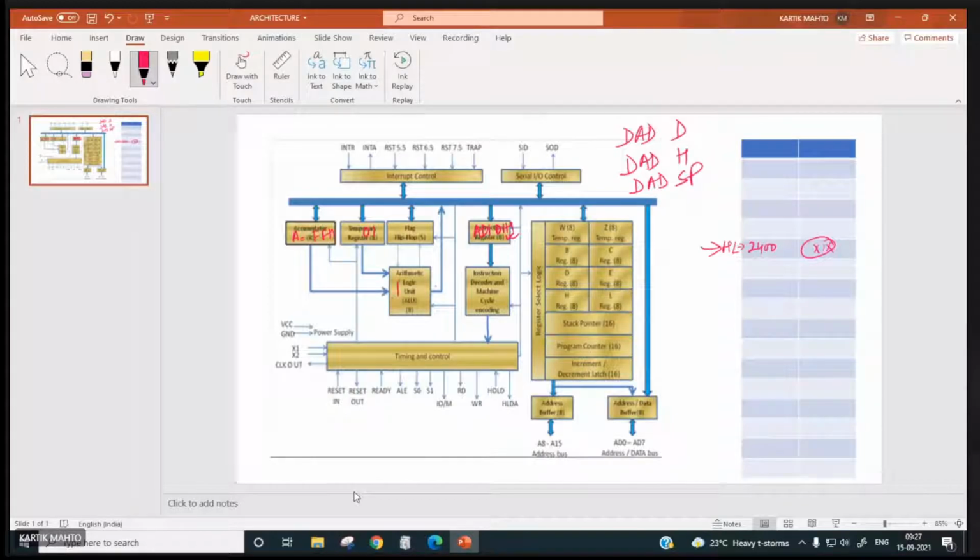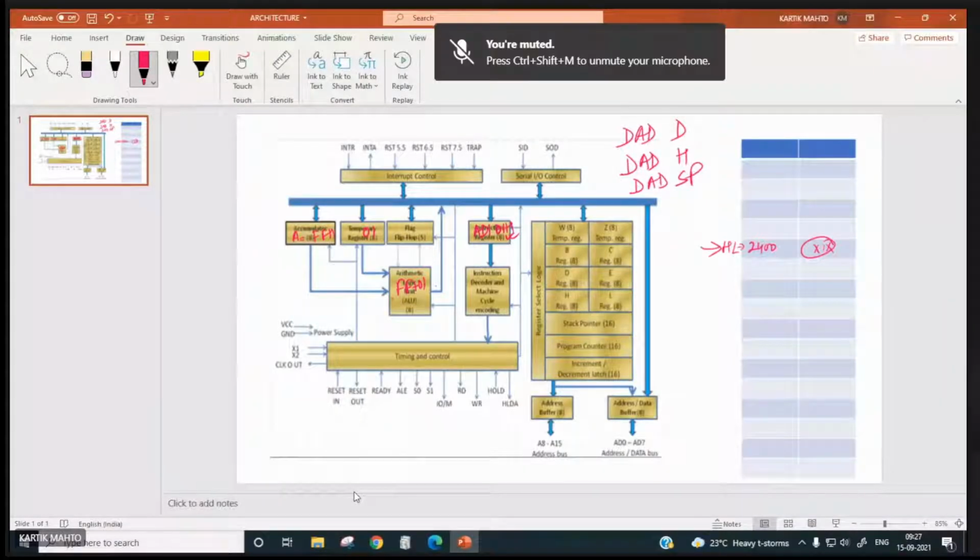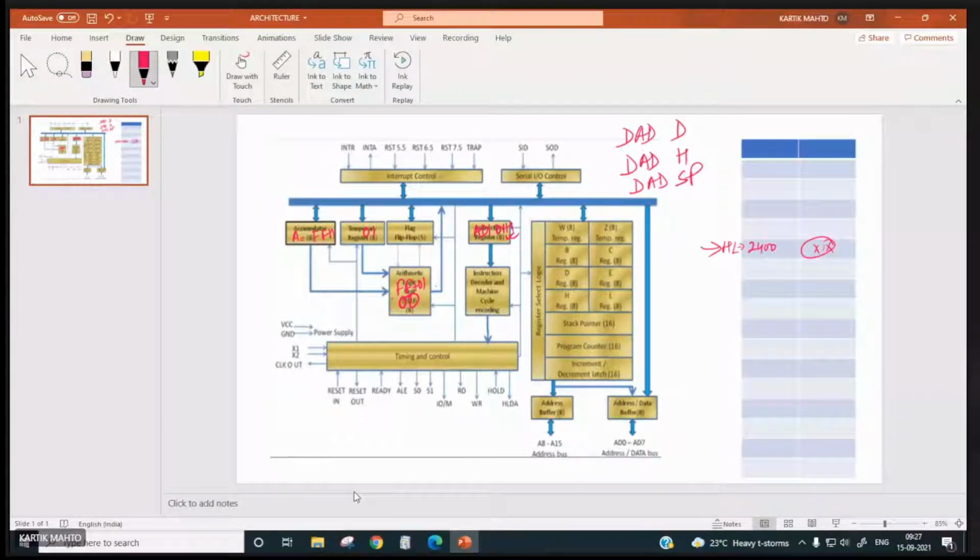Now FF plus 01 will be done. What is the result going to be? Sir, carry flag 1 and 0 0 in the result. And it will be 0 0 and the carry flag will be equal to 1. So this is the difference between INR A and ADI 01.